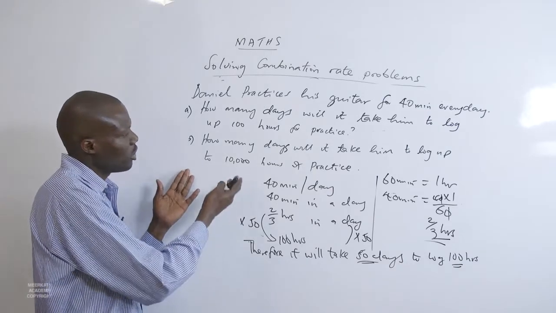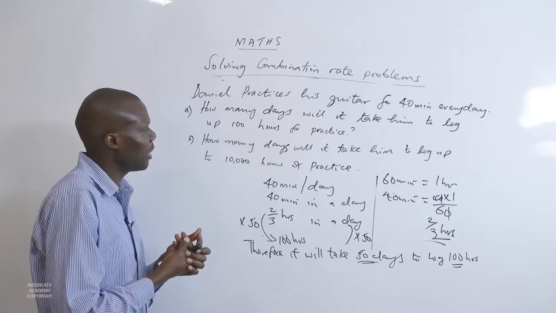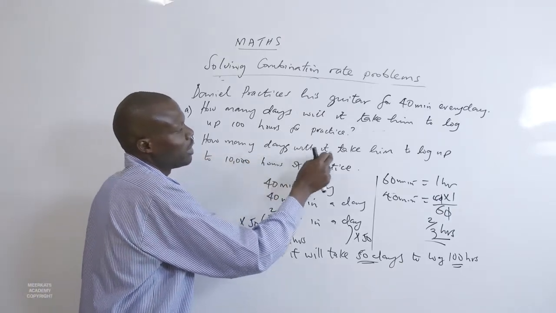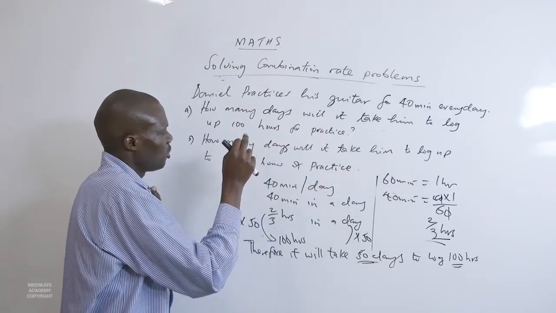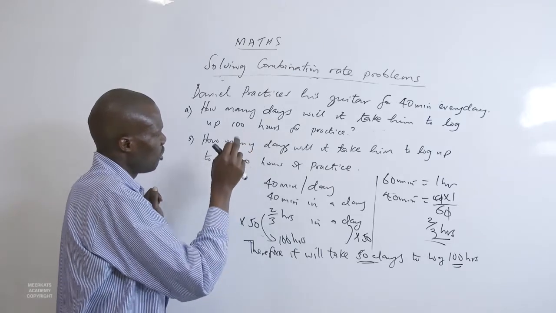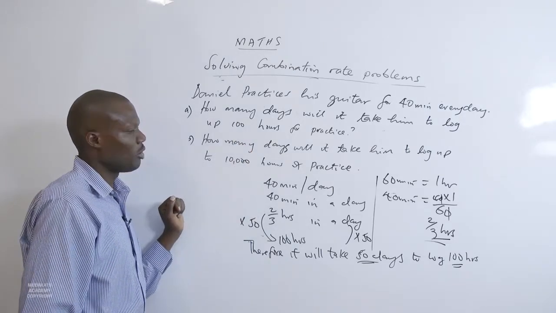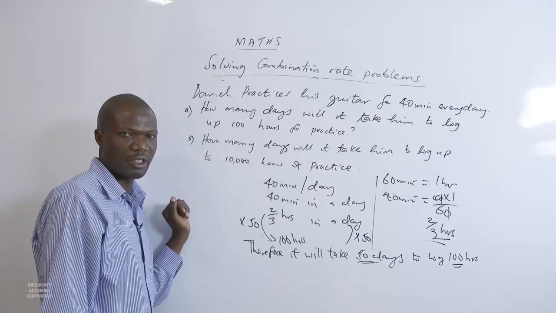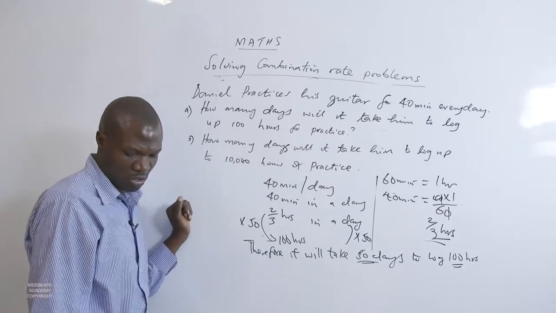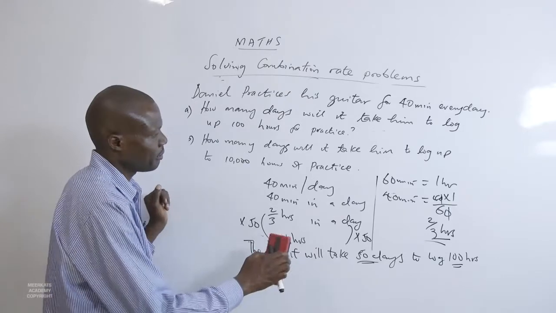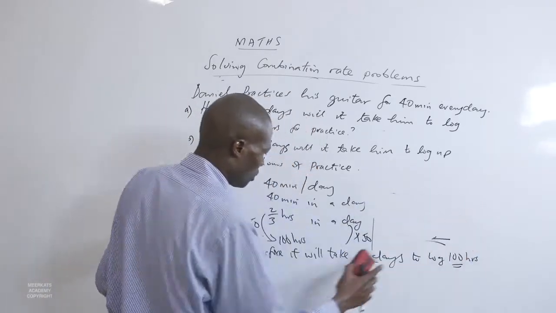So when we move to question 2, put in mind what we have. How many days will it take him to log up to 10,000 hours of practice? So the approach there, this one we are done.